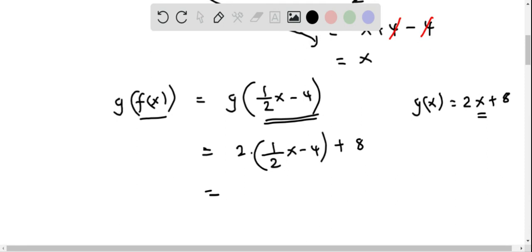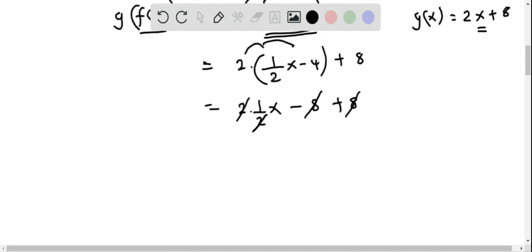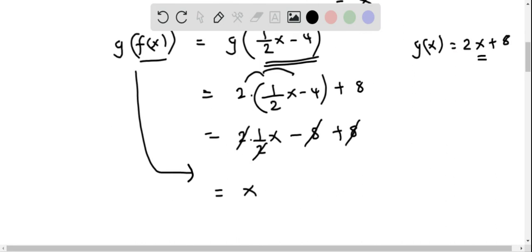So we can distribute this 2 in the two terms. So 2 times of half x is x, and 2 times of negative 4 is negative 8, plus 8. We see that this negative 8 and positive 8 cancel, and also this 2 and 2 get cancelled. So we are left with x. So we see that g of f of x is also x.